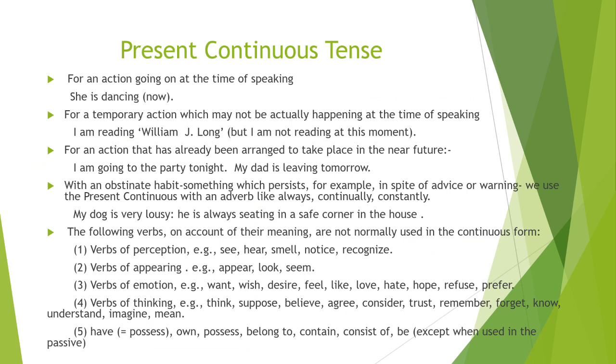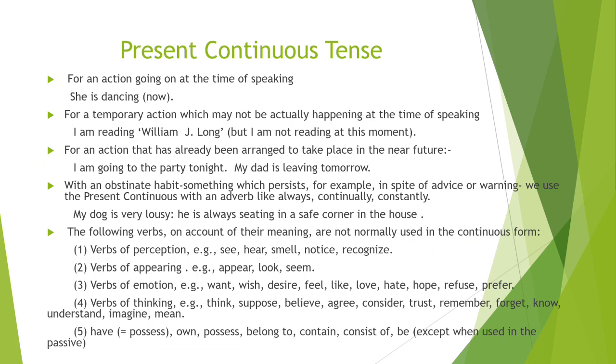Next is appearance. When we talk about these three verbs, appear, look, or seem, we do not use is, am, are or ing. We never say you are looking handsome. That is a wrong sentence. You should say you look handsome, or she looks beautiful. She appears happy, or she seems happy.